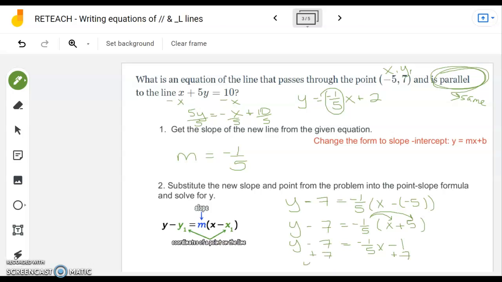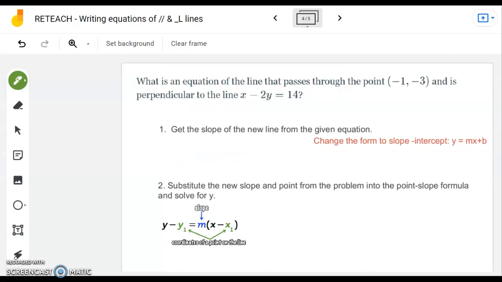So my new equation is going to be y equals -1/5 x plus 6. That's going to have the same slope as the line up here in the problem, and it's going to pass through that point in the problem.